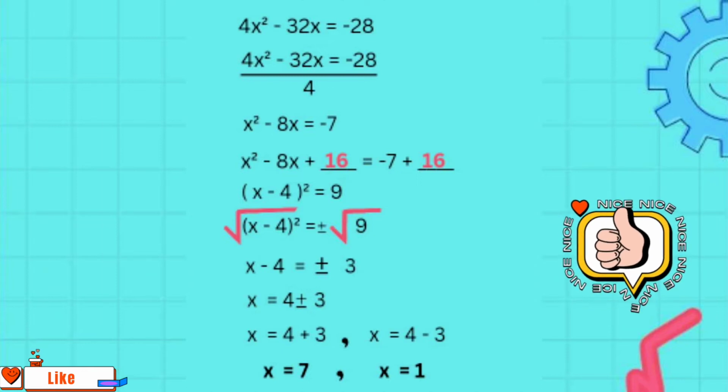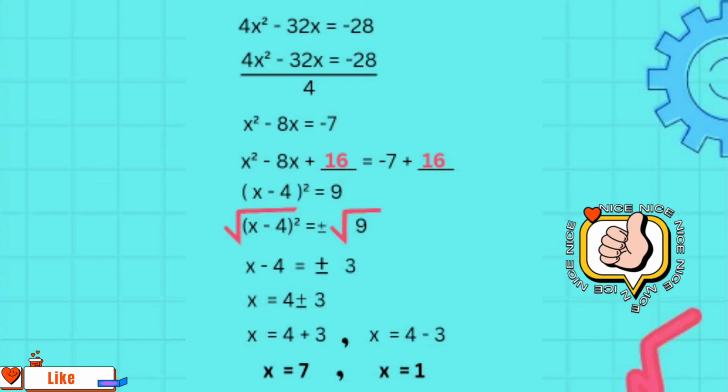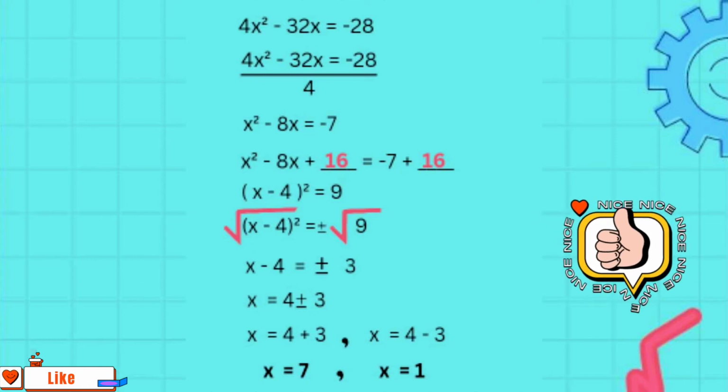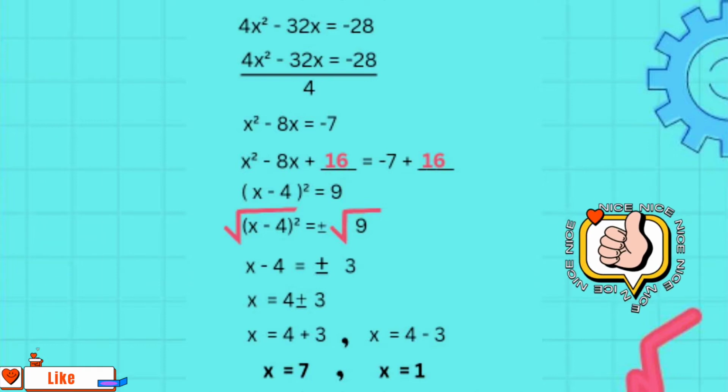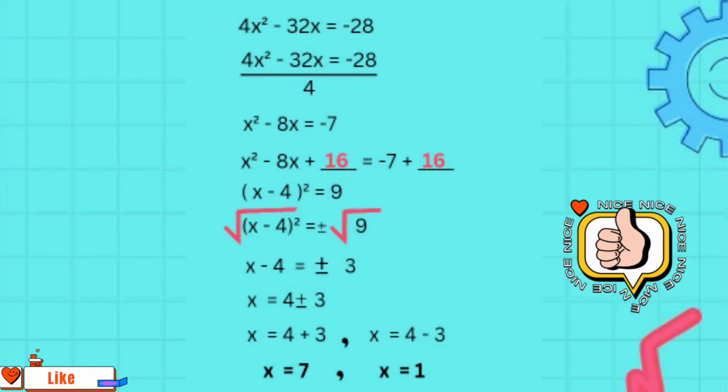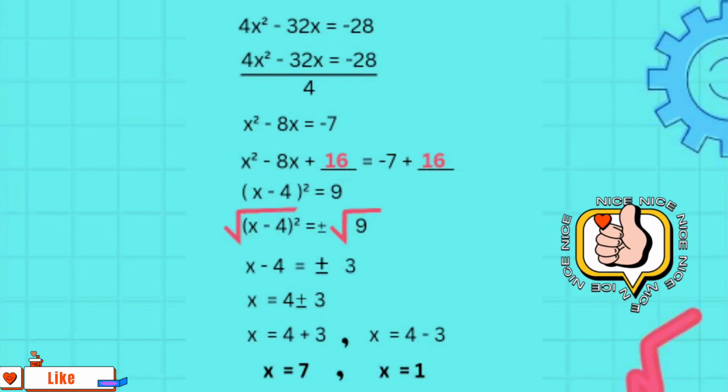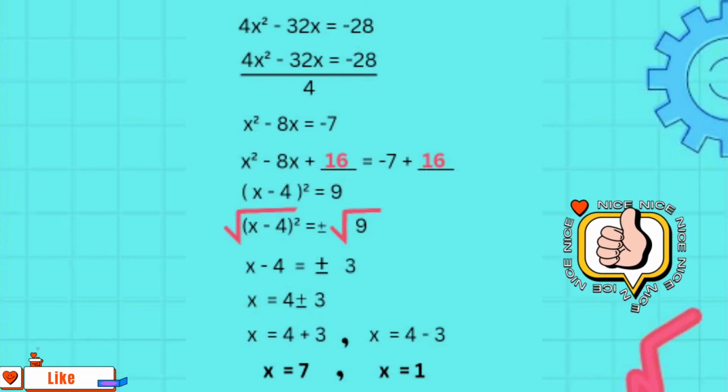Solve the resulting equation by extracting square roots. The square root of (x minus 4) squared is x minus 4, and the square root of 9 is plus and minus 3. x minus 4 equals plus and minus 3 is the result. Simplify further. This will become x equals 4 plus and minus 3. Separate the two values.